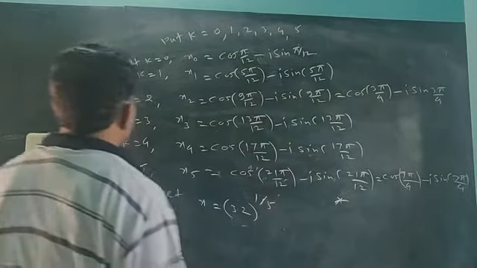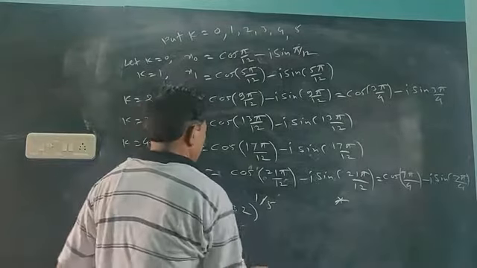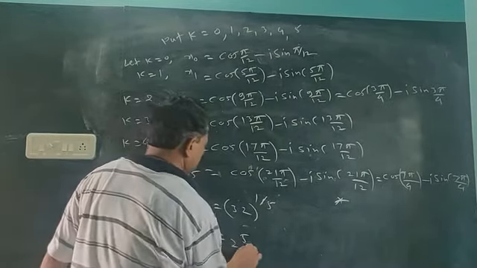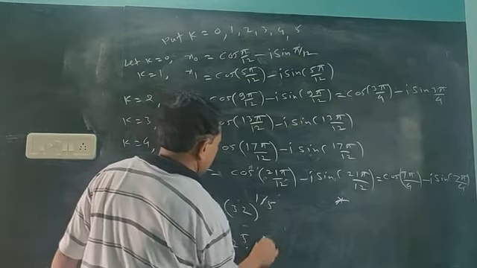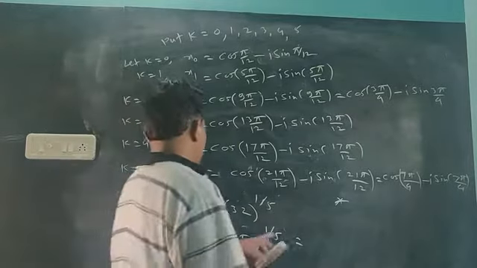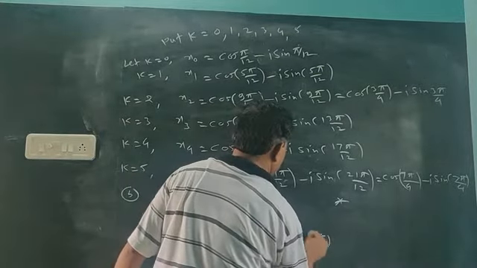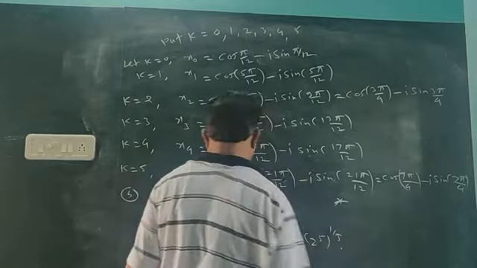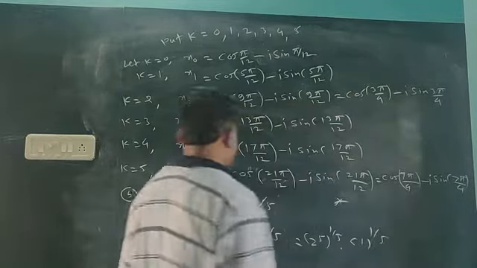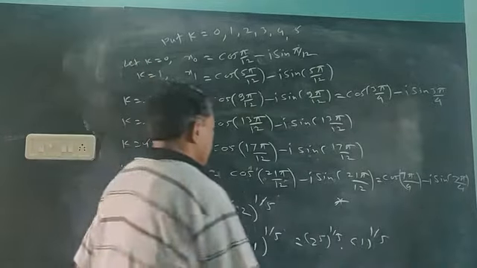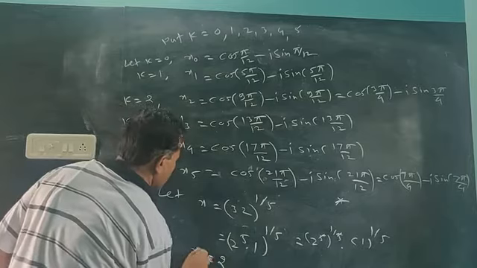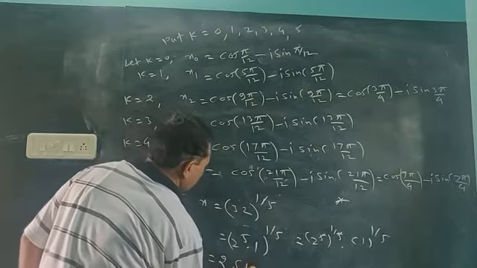Means what? 32 is 2 raised to power 5, into 1 by 5. Separating by the index law, 2 raised to power 5 to 1 by 5, and 1 raised to power 1 by 5. So this cancels, only 2 remains, so it is 2 times 1 raised to power 1 by 5.